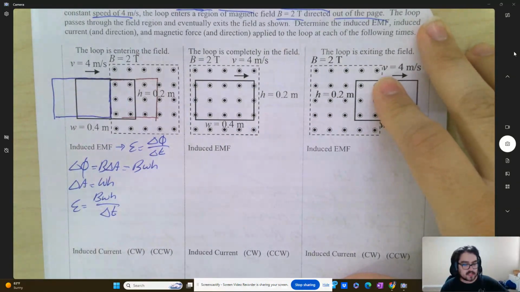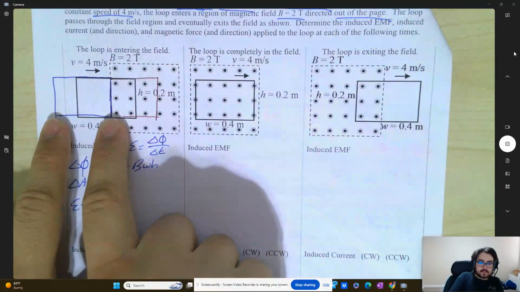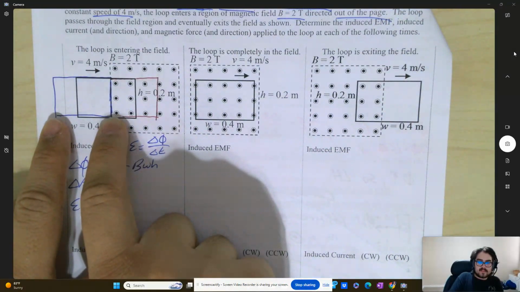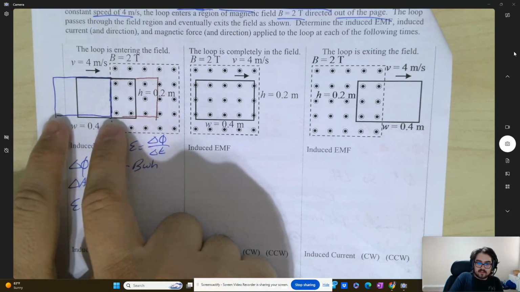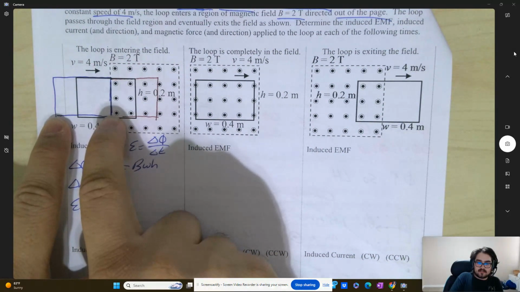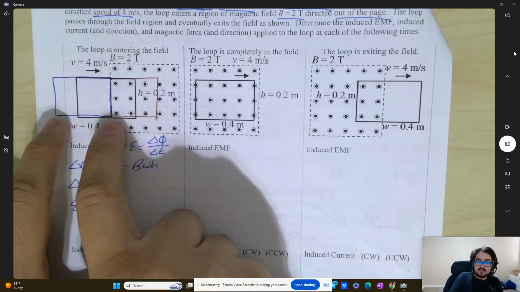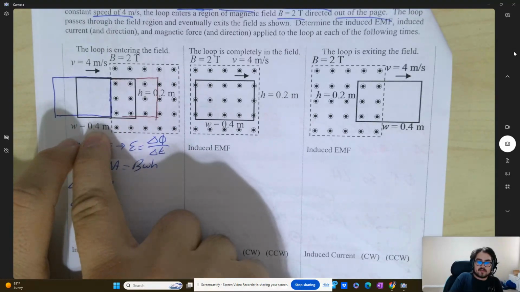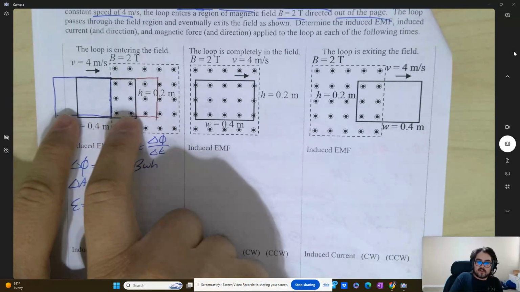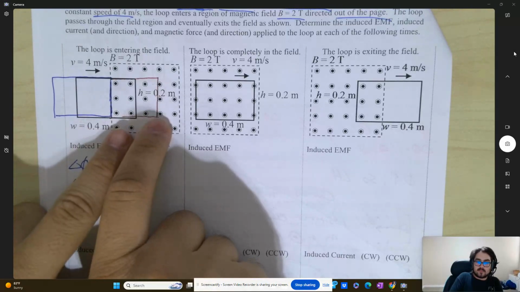Now, another thing to understand is that when the loop is entering the field, how much does it move? From when it's just about to enter the field to just after it enters the field, it actually moves a distance of 0.4 meters. Does that make sense? Because it's traversed its width.